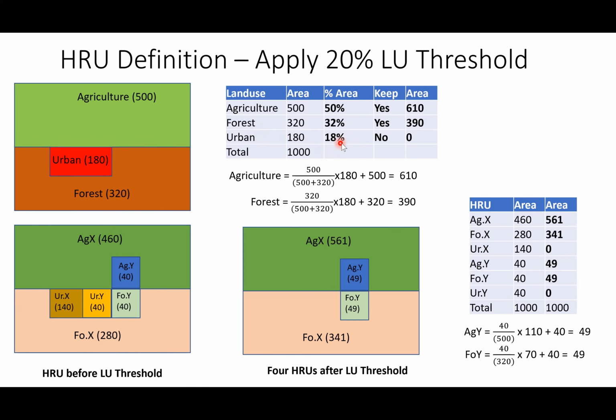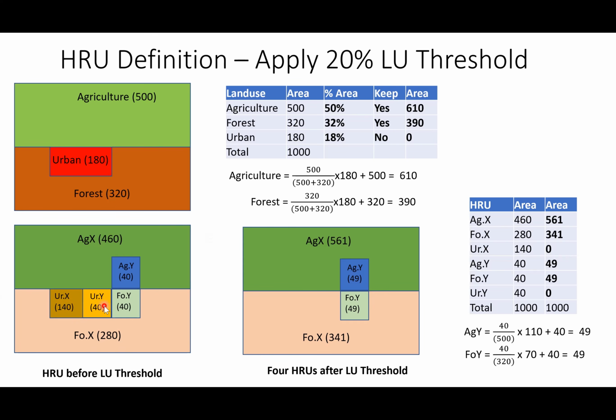Since this land use will go away, what we then do is we proportionately assign this area to agriculture and forest by using these expressions here. So again, this is just a proportional distribution of 180 to agriculture and forest, and now they get 610 units for agriculture and 390 for forest.